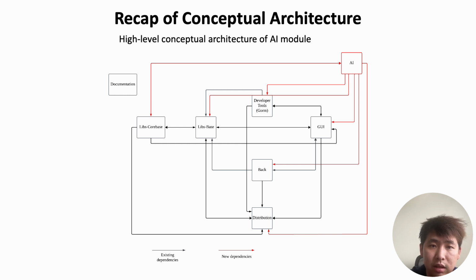The assistant communicates with a local or external LLM, and the distribution ensures that all resources are properly packaged into the final application. This architecture enables seamless integration without disrupting the existing GNUstep workflow.